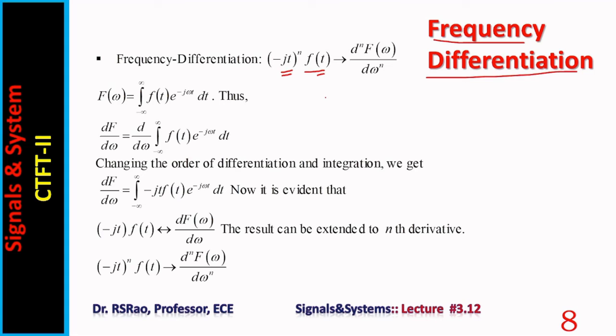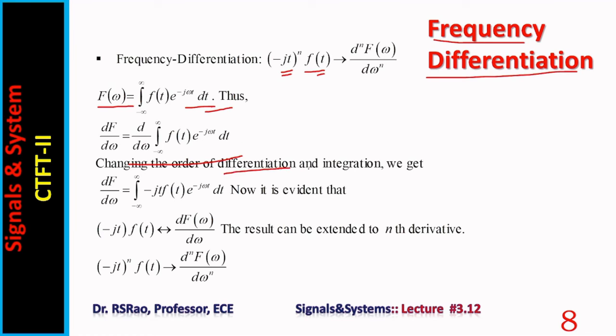So how is this property obeyed by the Fourier transform? Consider the forward relation. F of omega is the integral of f of t e power minus j omega t dt. Differentiate this relation on both sides. It results in dF by d omega, which is equal to d by d omega of the integral of f of t e power minus j omega t dt.